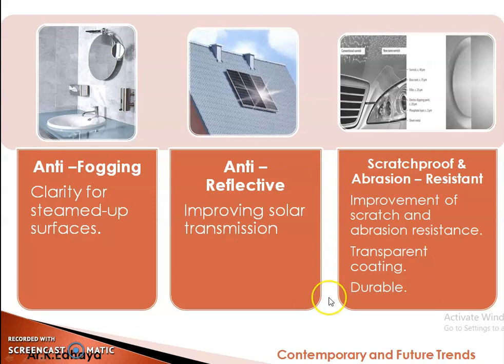Next is scratch proof and abrasion resistant. This is going to improve the scratch and abrasion resistance. You will have a transparent coating which is very durable, and this is going to help you in that. Generally materials will have wear and tear, friction or abrasion, which we cannot avoid. For that there were two basic principles ideally used.